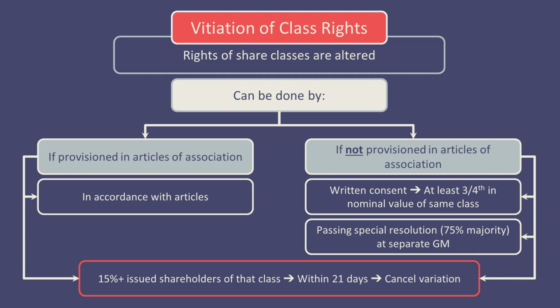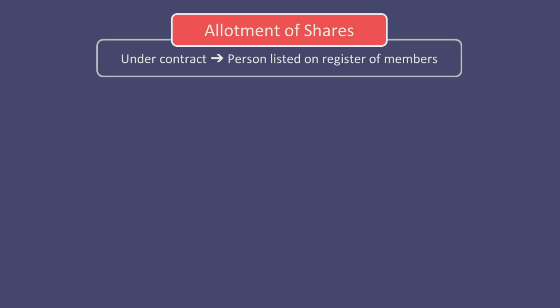So, how do shareholders get shares? They are allotted. Shares are allotted to somebody under a contract of allotment. That person is then listed on the register of members and becomes a member of the company. Directors can't just give out shares.